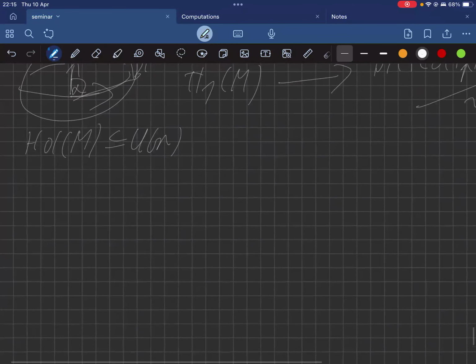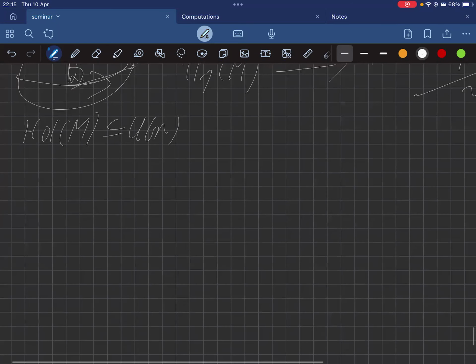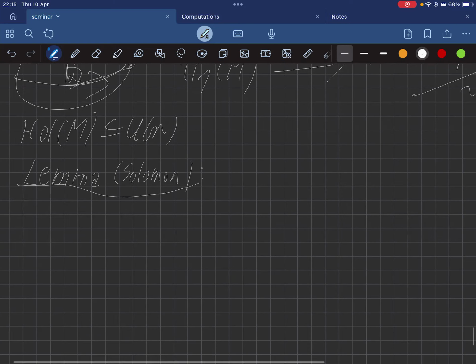Well, the full list of possible holonomies was given by Berger in the 1950s, but there was one important lemma which I want to mention. This lemma was given a couple of years after Berger by Simons. The lemma goes as follows.